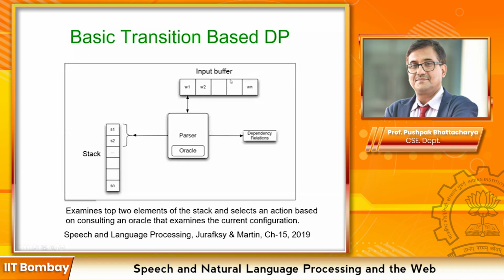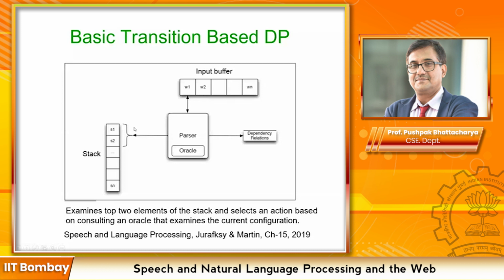In the conceptual framework there is an input buffer which contains the words of the sentence, and then the parser or the oracle decides that every state of the machine consists of a stack and the input buffer.